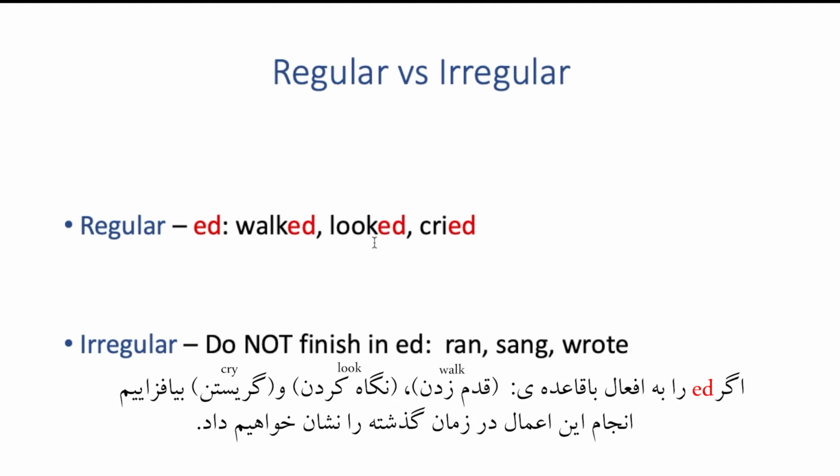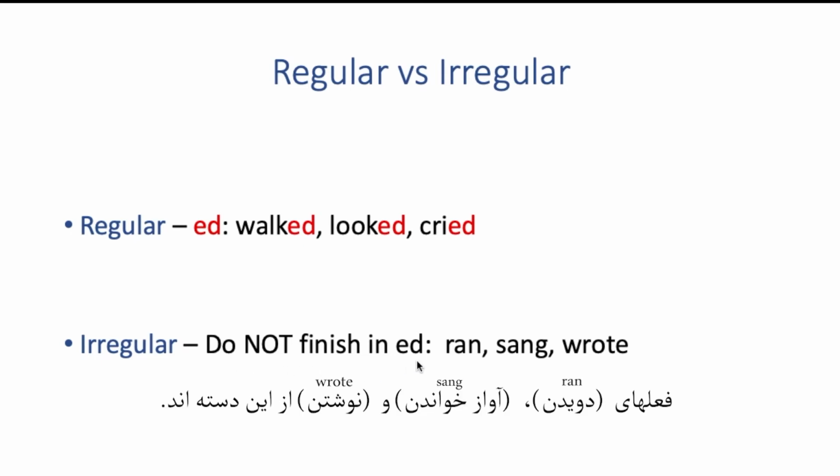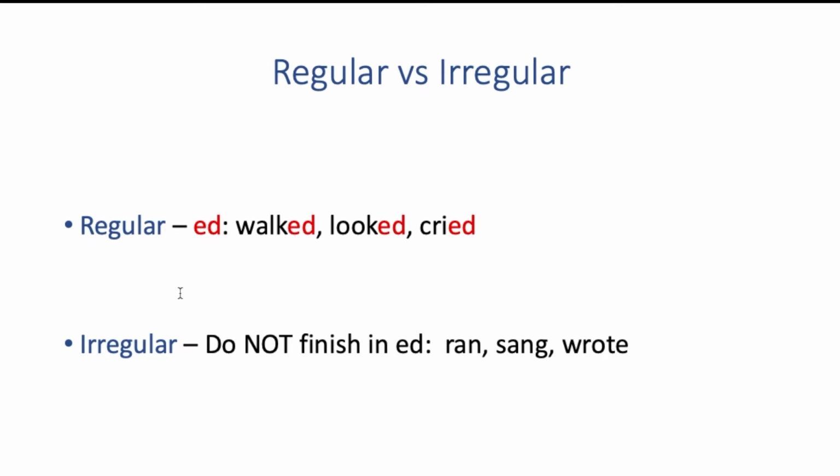And then for look, in the past we say looked, and same for cry and cried. And then irregular verbs do not finish in ed, so there is no ed. So ran, sang, wrote.